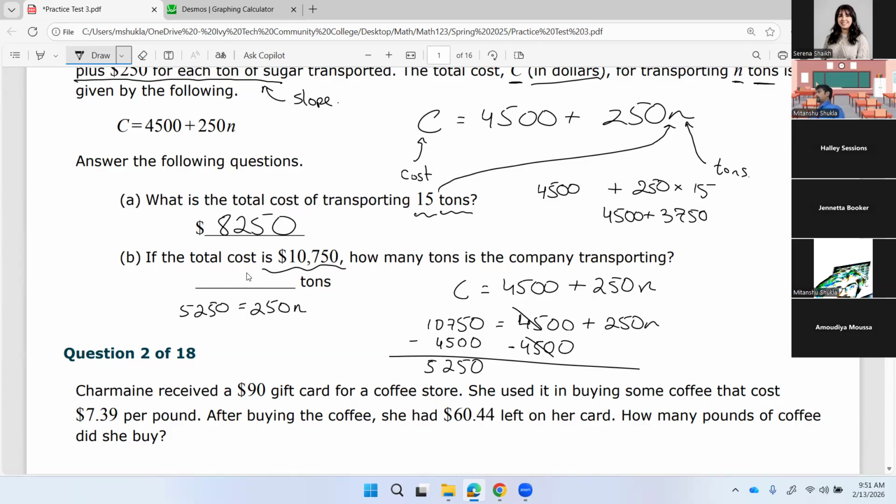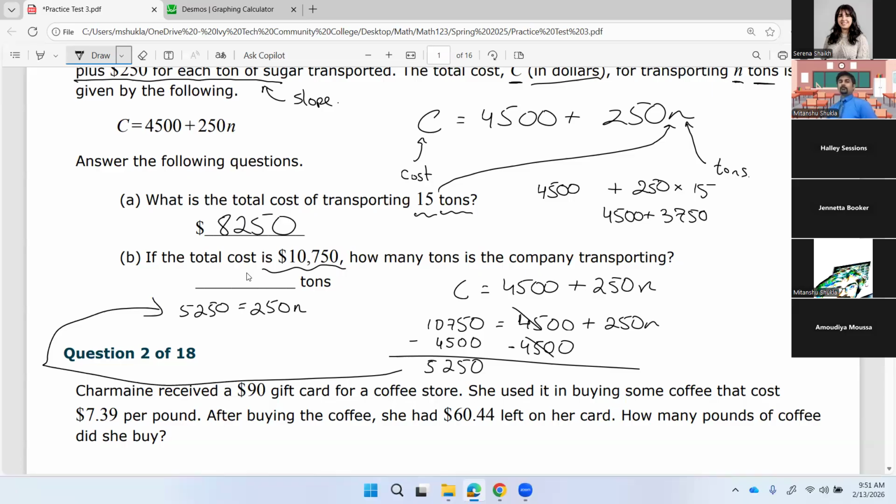Now, how do I get the N all by itself? What do we think?